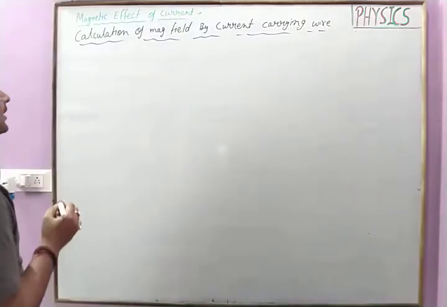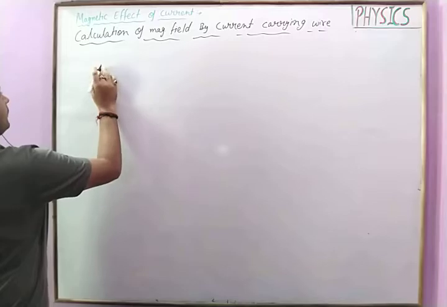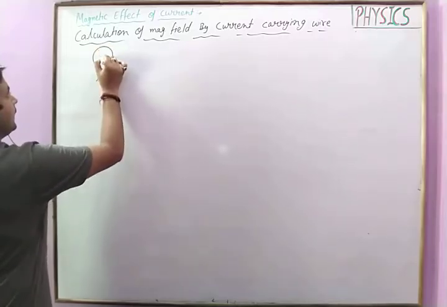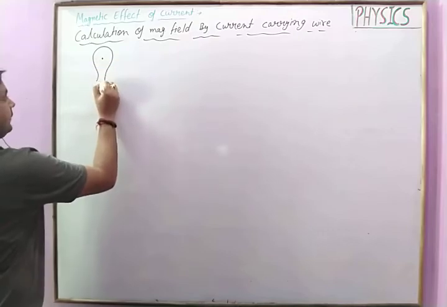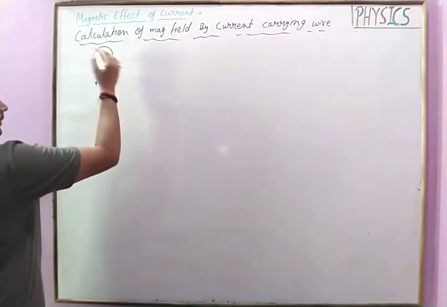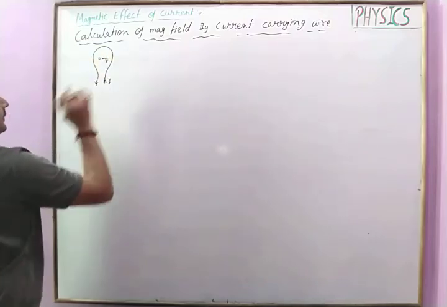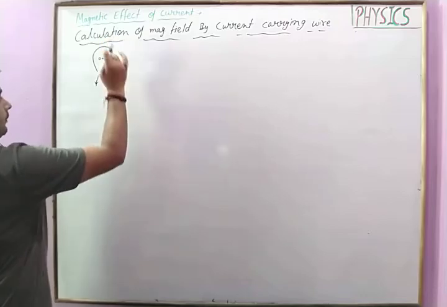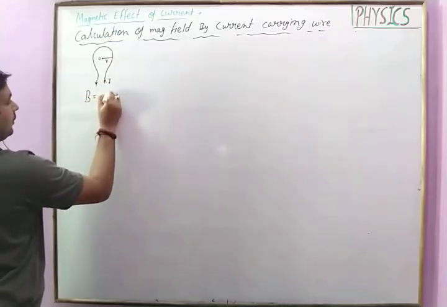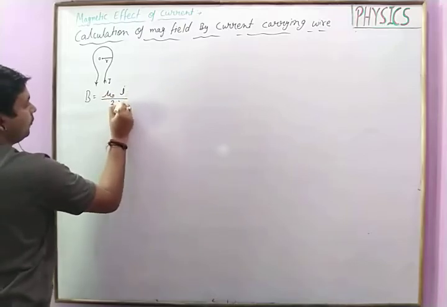So first we understood about the conditions. If we have a circular coil of radius R with current I, then at its center the magnetic field is given by B equals mu naught I upon 2R.